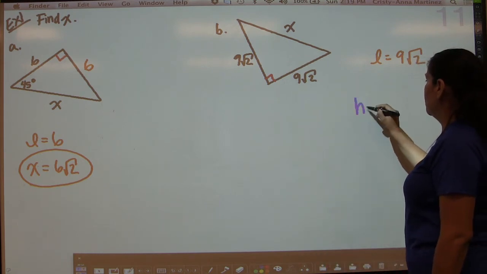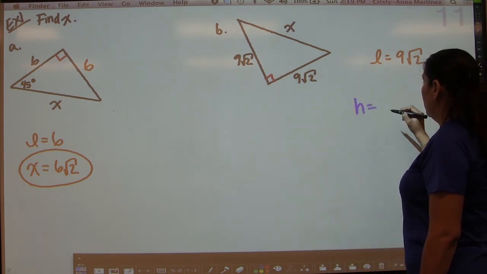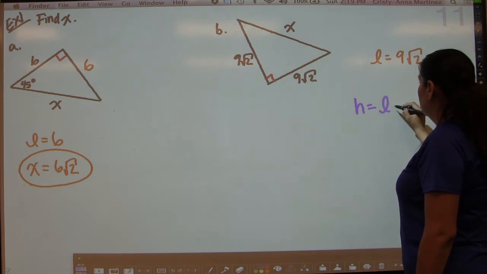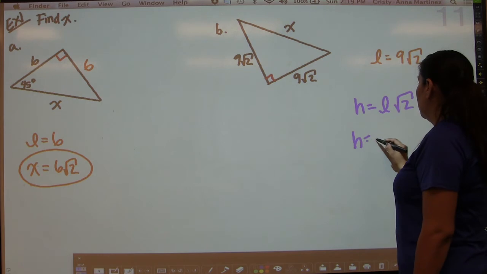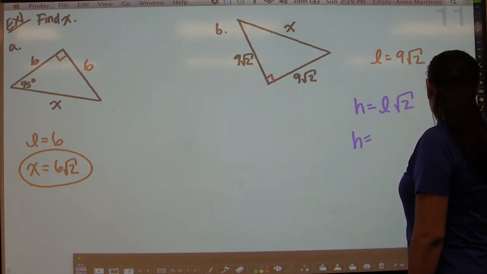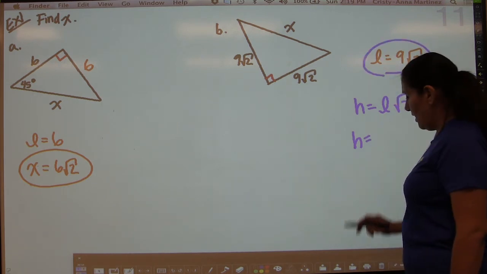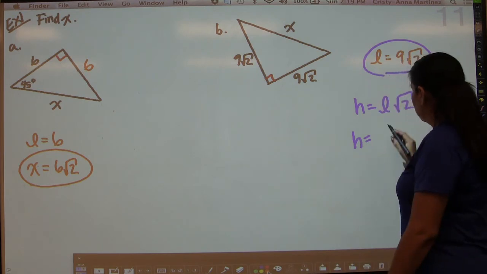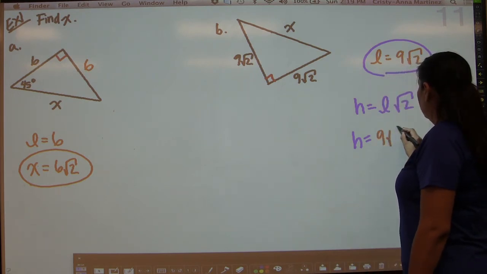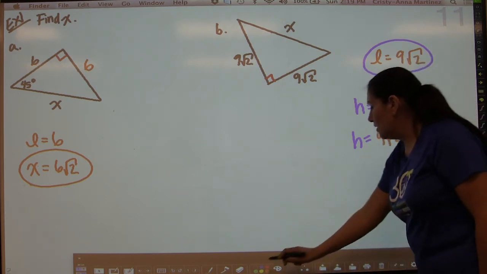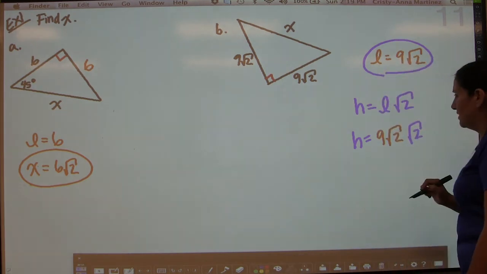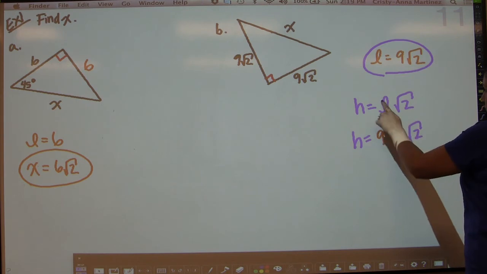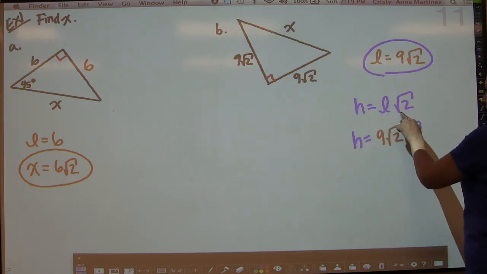The hypotenuse is supposed to equal L √2. But we know that in this case, L is 9√2 from right here. So we're going to replace the L with 9√2, but then we still have the √2 from here, if that makes sense. So the 9√2 replaces the L, but we still have a √2 here.